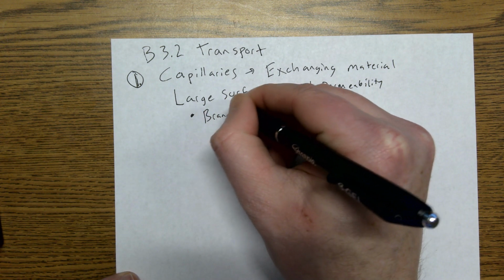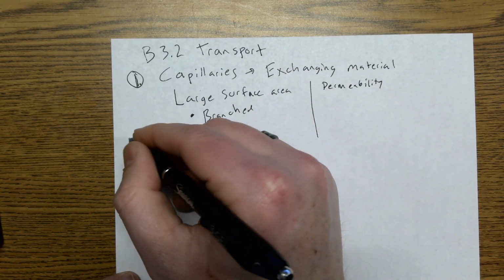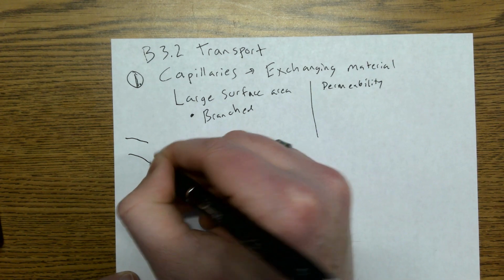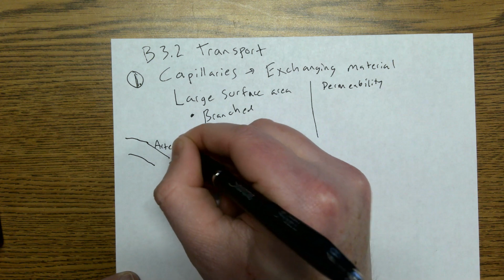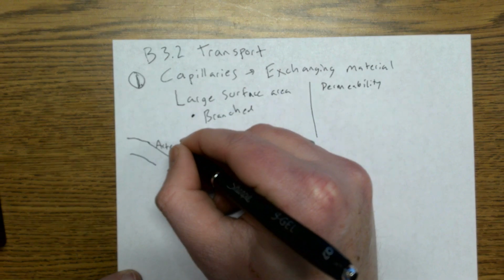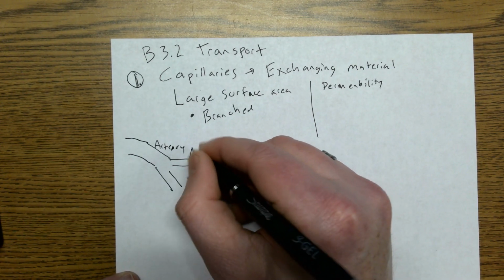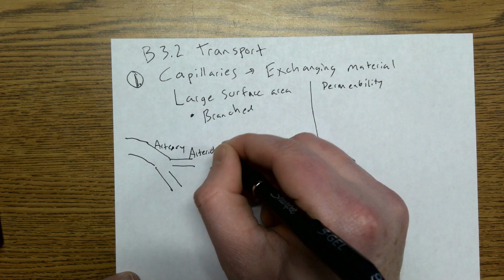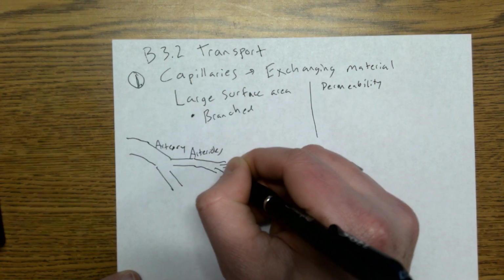So our capillaries are branched in nature, which allows them to spread out. So if you start with an artery, that artery will branch into arterioles, and then those will branch into our capillaries.